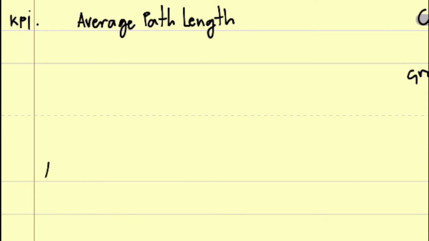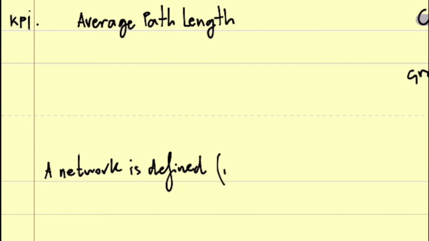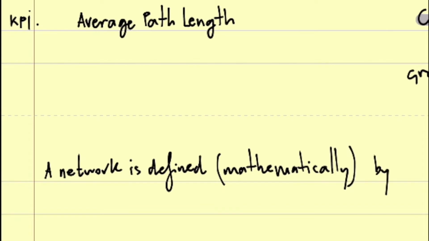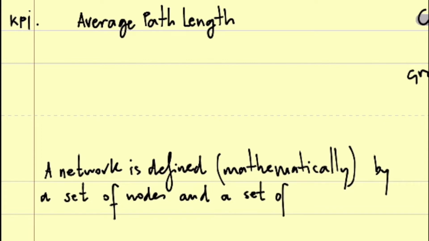A network is defined in math by a set, this is a group, of nodes and a set of edges.